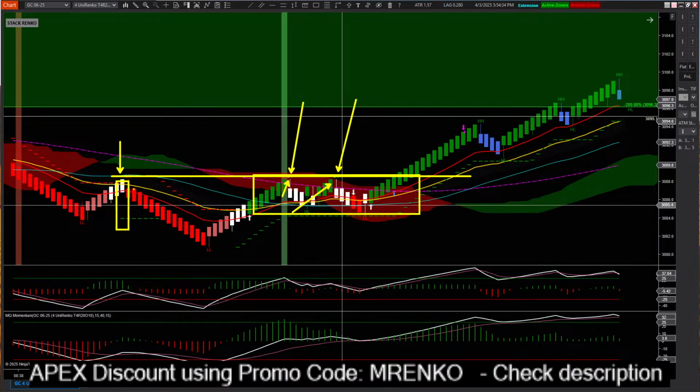If it knocks on the door once, twice, 3 times, most likely it's going to break. You have a lot of stops in this area waiting for the gold to break to the downside, but actually it didn't, and it went to the upside there.